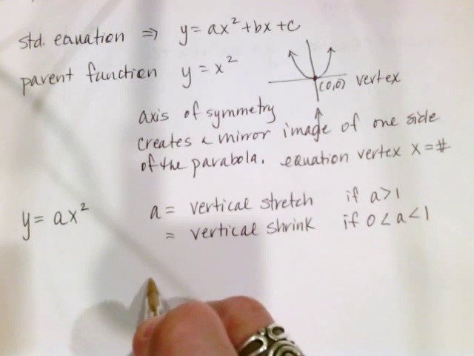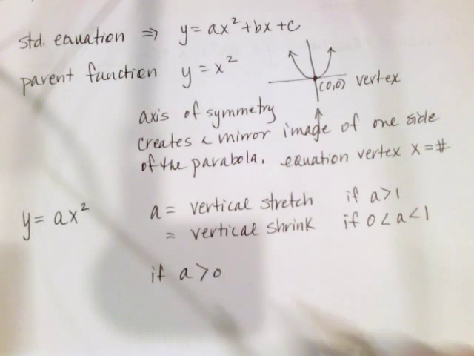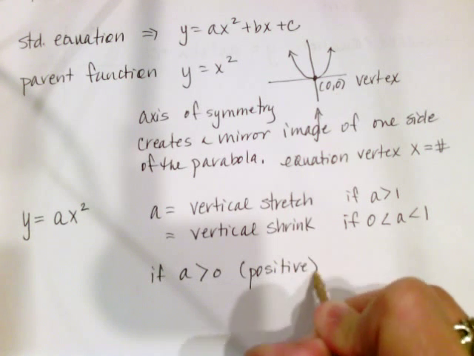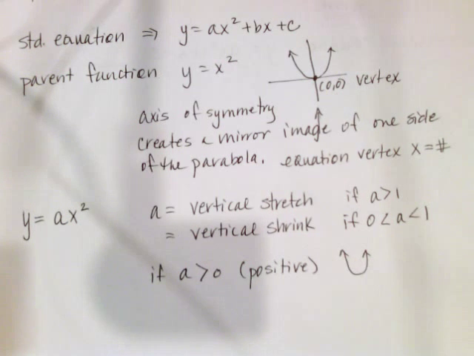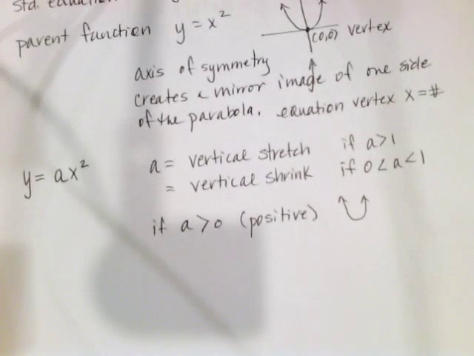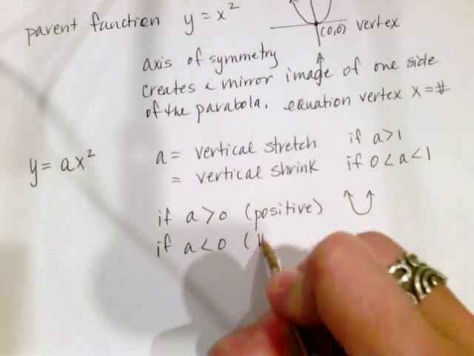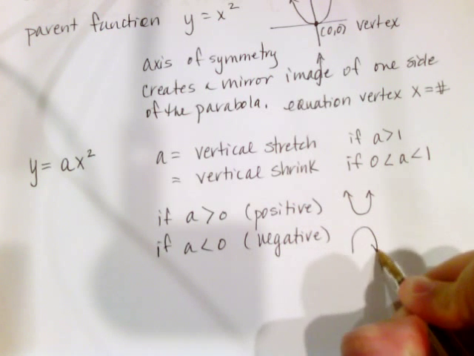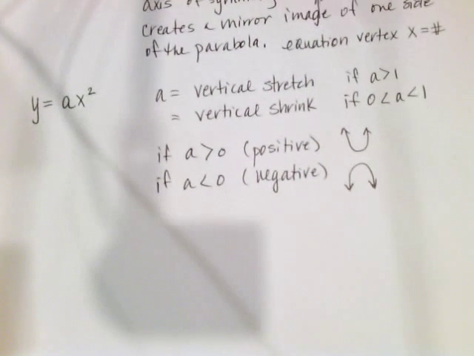Another thing that a does for us, if a is greater than 0, which means that a is positive, then our parabola is going to open up. If a is less than 0, which means it's negative, then the parabola is going to be flipped or reflected across the x-axis, so it's going to point down.